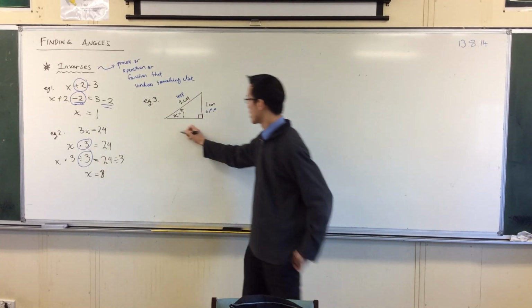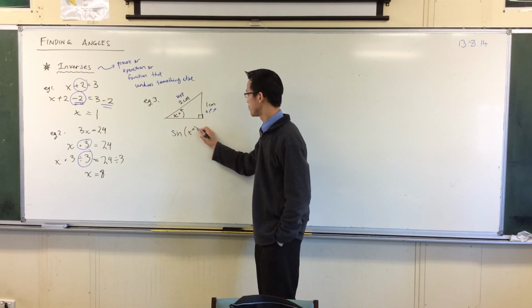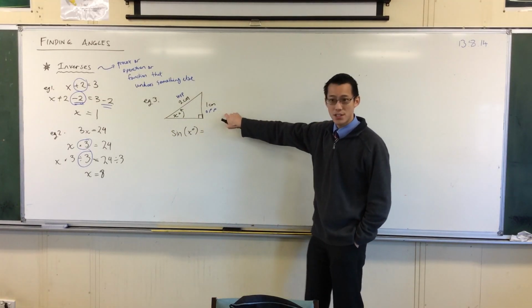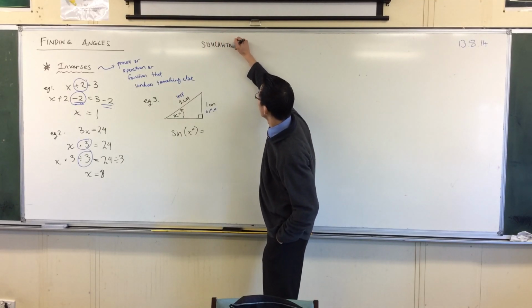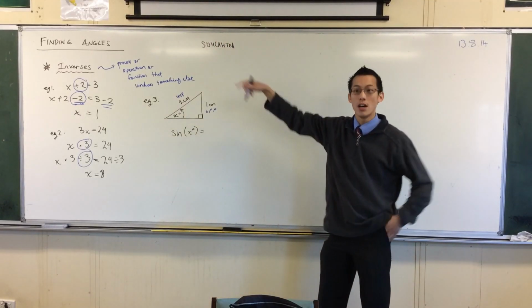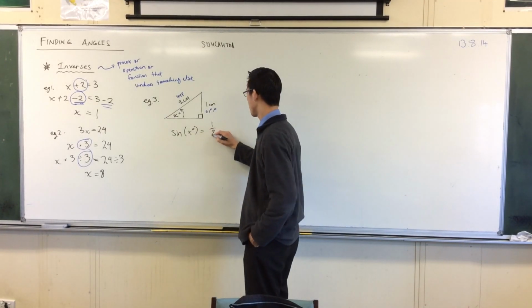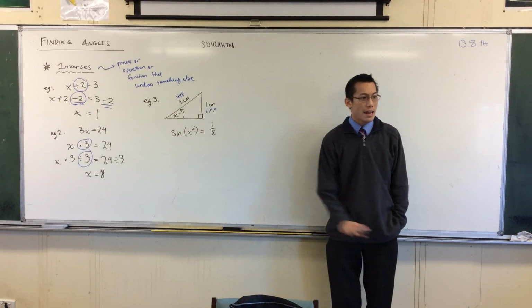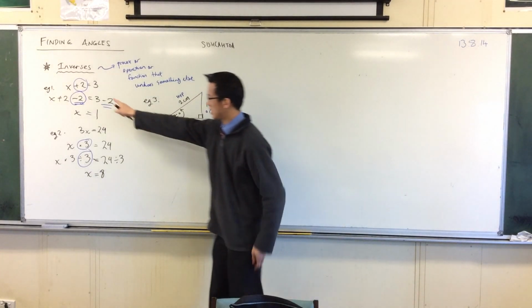It's going to be sine of this angle, x degrees, is equal to opposite on hypotenuse. SOH, right? So opposite on hypotenuse, that's just going to be a half.